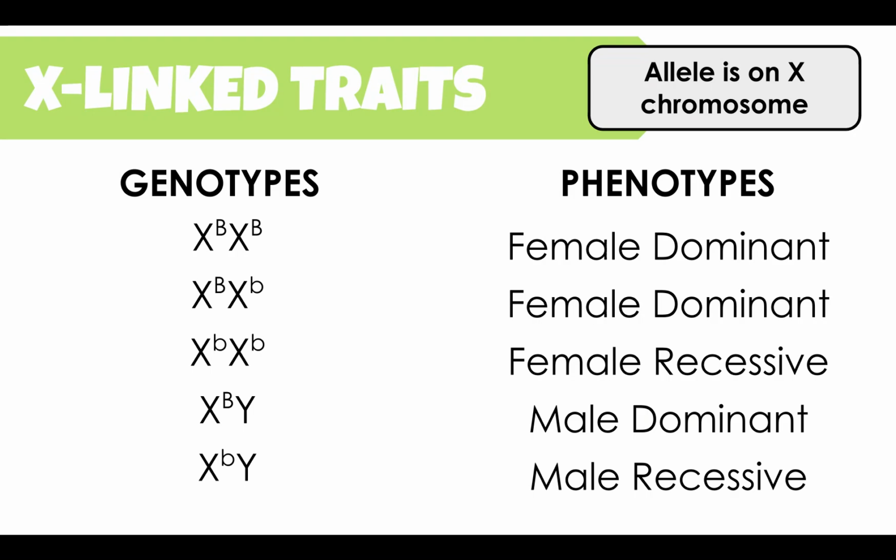This trait is not found on that chromosome at all, so we don't put anything next to the Y. So for this male, because the exponent is a dominant allele, or the uppercase B, they would show the dominant phenotype. This genotype down here at the very bottom is again a male because it's an XY sex genotype, but the exponent representing the B trait is recessive, so the male would show the recessive phenotype.